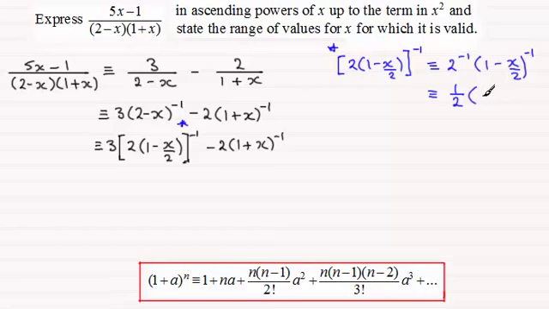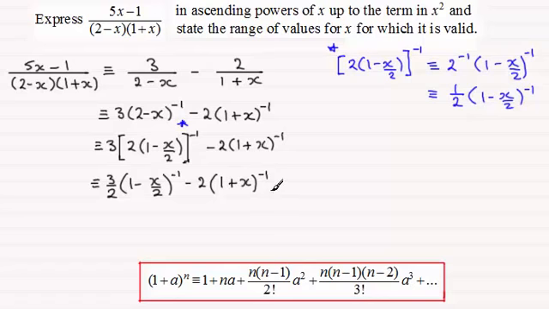So you've got a half multiplied with 1 minus x over 2 to the power minus 1. For this term here, multiplying it with 3 is just going to give me 3 times a half, which is 3 over 2, multiplied with 1 minus x over 2, and that's all to the power minus 1. And then we've got this term here, minus 2 times 1 plus x to the power minus 1.